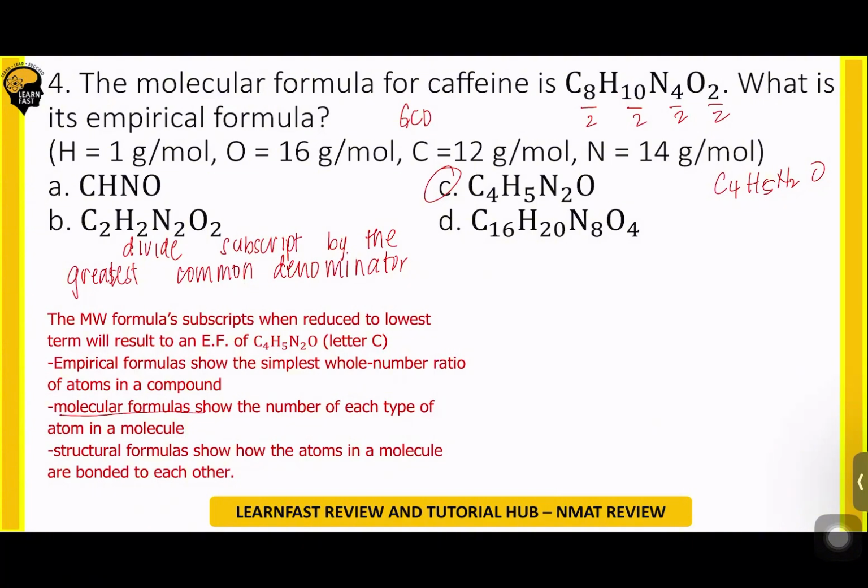On the other hand, empirical formula just shows the simplest whole number ratio of each element. So it's not the actual number, it's reduced to lowest terms. It just tells us that the ratio of carbon to hydrogen to nitrogen to oxygen is 4 to 5 to 2 to 1. So that's the information that empirical formula gives us.